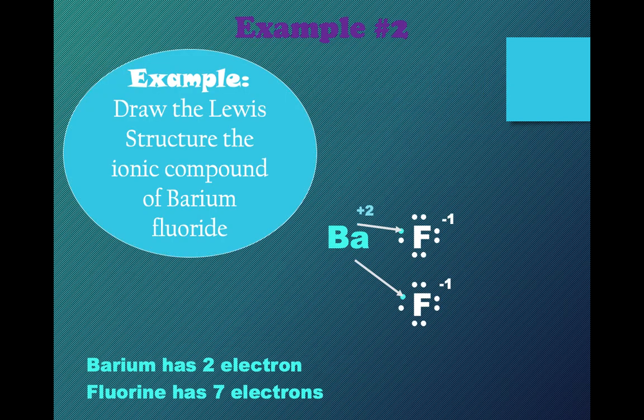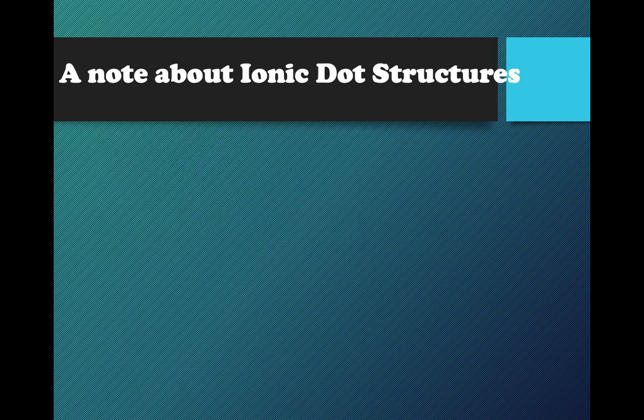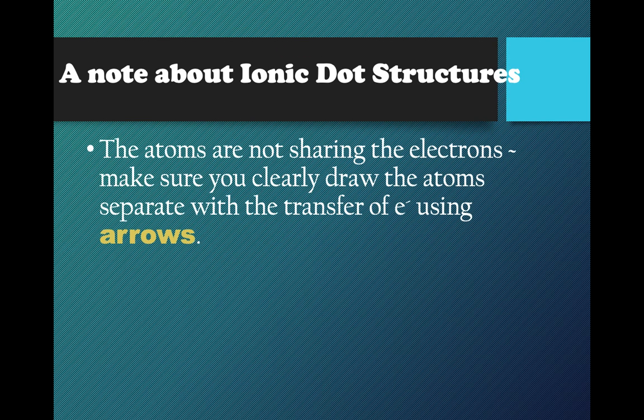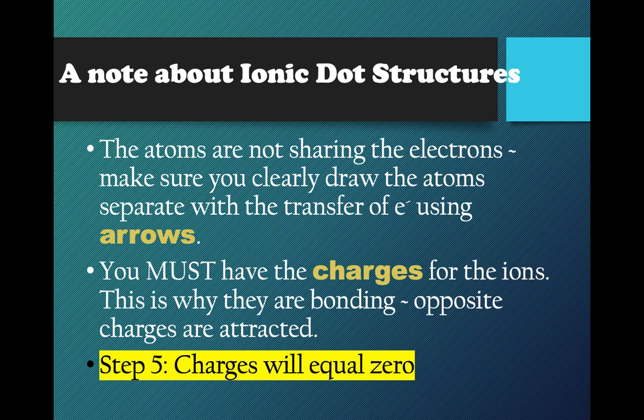Let's go back and look at the previous example: +2 minus 1 minus 1 equals 0. So step number 5 is a way that you can determine whether or not your drawing is correct: your charges must equal 0.